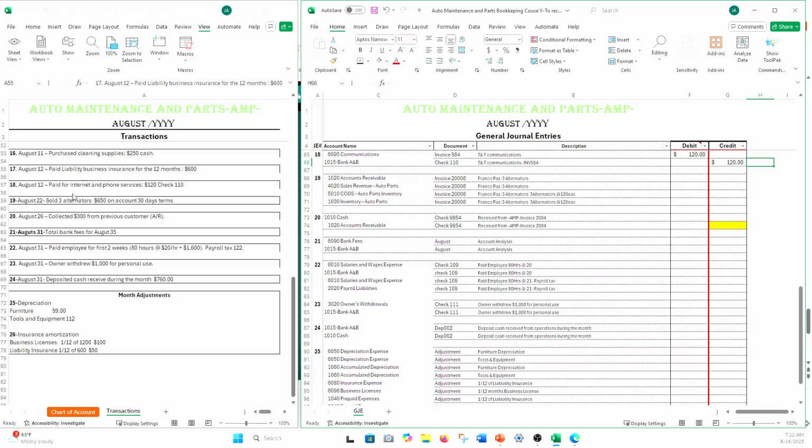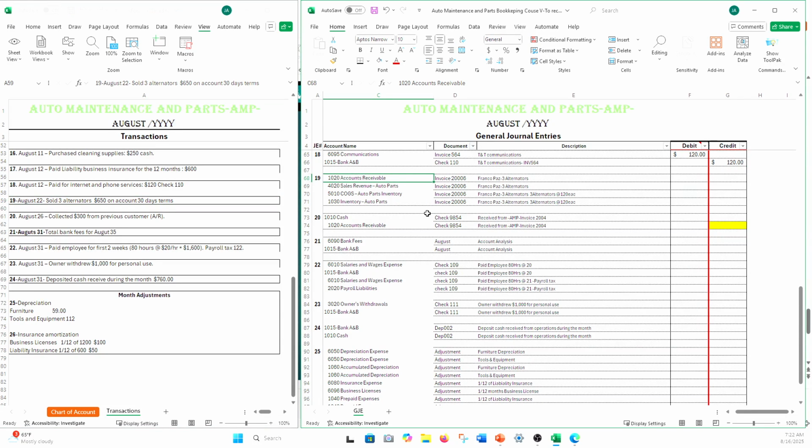Number 19. August 22, we sold 3 alternators for $650 on account, 30 days terms. That means the person has 30 days to pay us. They can take the alternators right now, but they're going to pay later in 30 days. So we need to use accounts receivable.